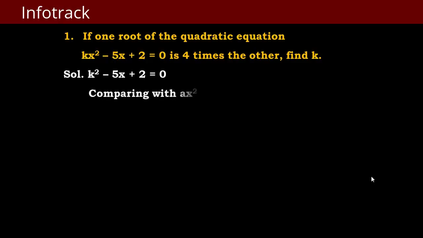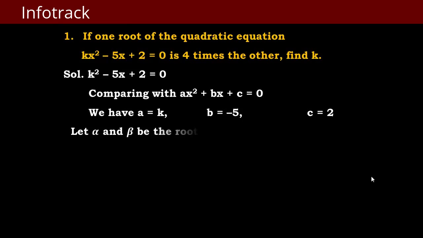Now comparing this with the standard form, that is ax square plus bx plus c is equal to 0, we get a is equal to k, b is equal to minus 5 and c is equal to 2. Now see student, we have the values of a, b, c. Now there is a relation between alpha and beta, it is given in the sum. One root of the quadratic equation is 4 times the other.